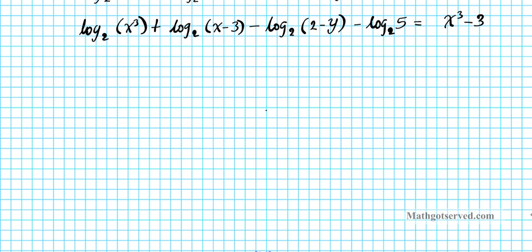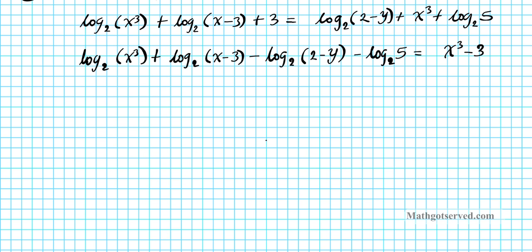So anytime you have a sum, that's a product, and if you have a difference, that's a quotient. Alright, so we can see here, we have a sum. So this first term is going to be multiplied by this, and then you have two minuses here, which indicates division. So we're going to divide this first term by these other two terms here.